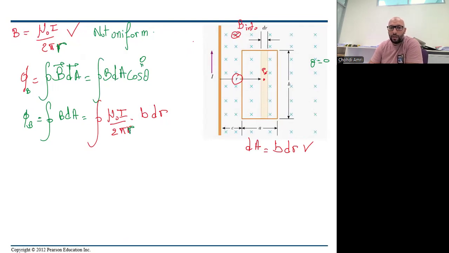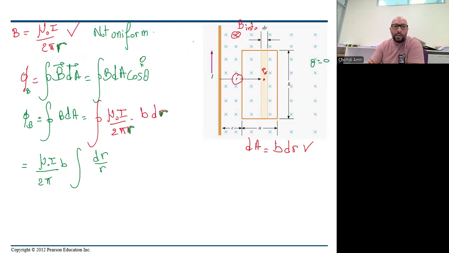The r is the variable, so all the other elements will be constant. Mu naught I over 2 pi, and here we have B, the integration of dr over r.